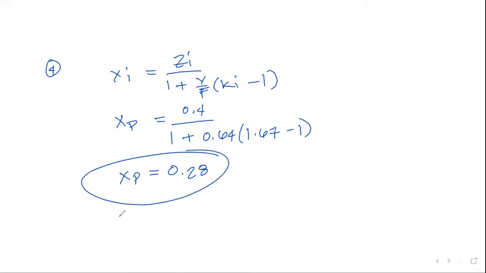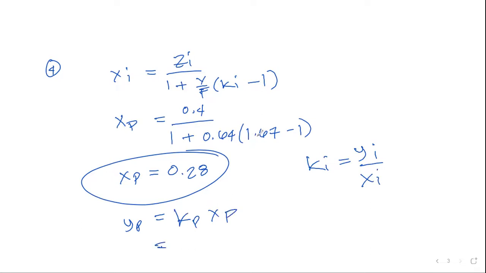Okay? What about YP? How do you get YP? Anong formula ng YP? Galing yan dun sa K sub I is equals to Y sub I divided by X sub I. Di ba? Ito yung definition ng equilibrium constant. So, ang YP is equals to KP times XP. Multiply nyo lang ng KP.